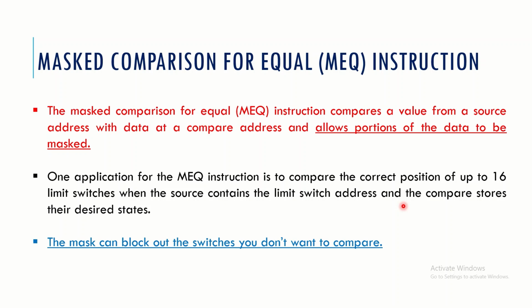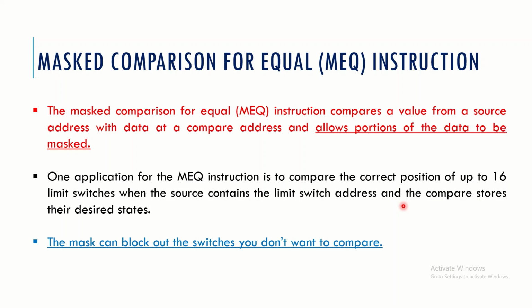Suppose, let us just take for an example, there are 4 limit switches, and in order to get a rung true, the first switch should be on, the second switch should be off, the third switch should be on, and the fourth switch should be off. If you want to see whether this is correct or not, then in the compare, you write down this data 1 0 1 0.